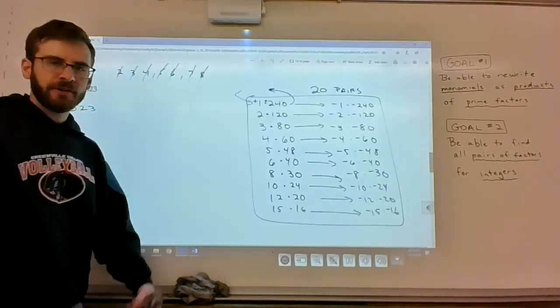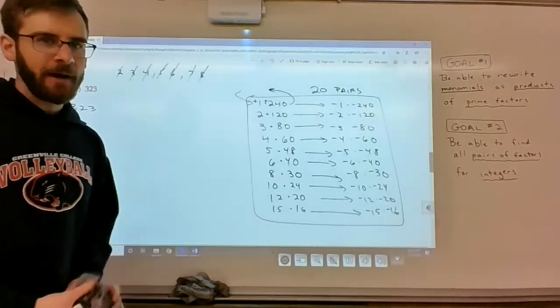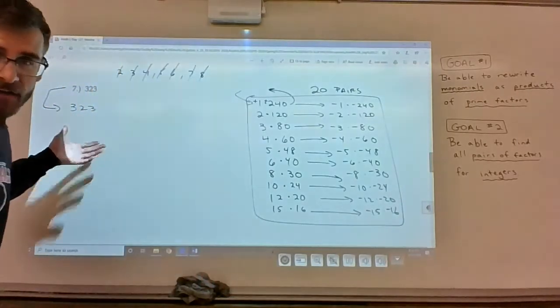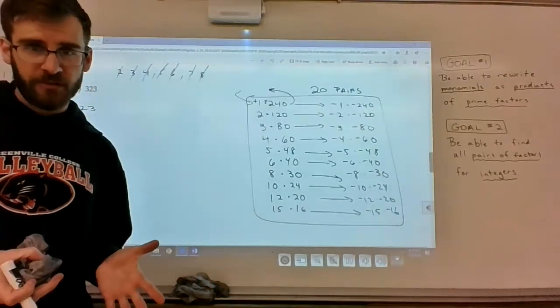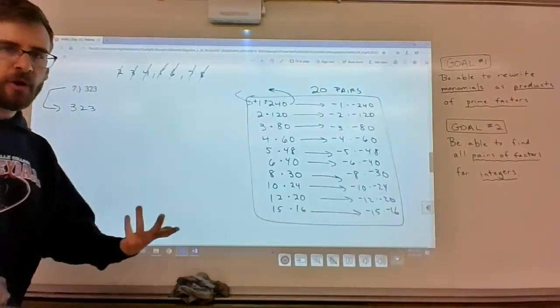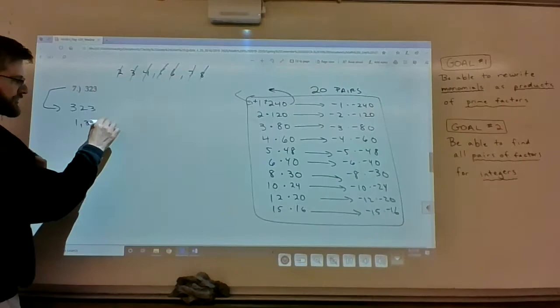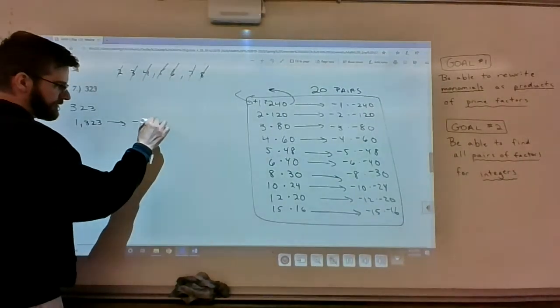And you're asking yourself, at what point am I off the hook for checking this thing? Maybe it doesn't have any factors. Maybe it's just 1 and 323 and that's it. Well, we do know that 1 and 323 work for sure. But so does negative 1 and negative 323.